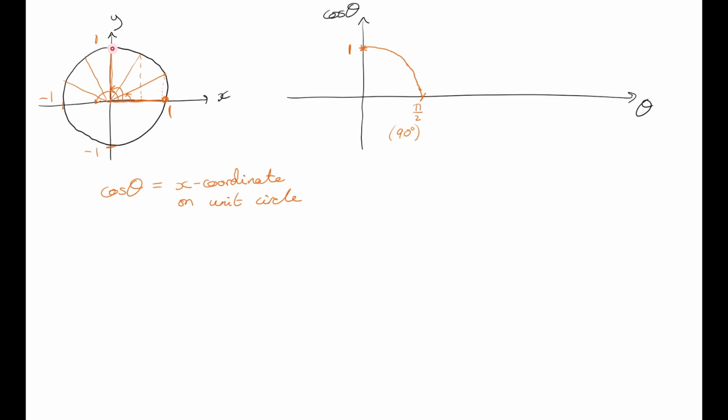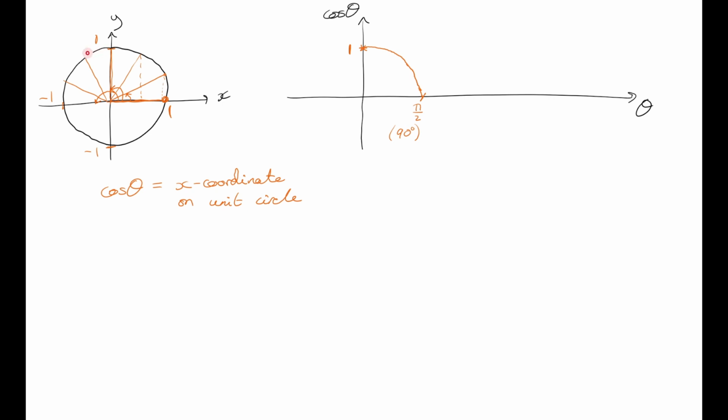So I'm just saying, as I move anti-clockwise, what's happening to the x coordinate? Well, in this part of the circle, we can see the x coordinate is negative. In the whole of this part, all along here, we've got a negative cos theta because we've got a negative x coordinate. And initially, we decrease or become very negative in the x coordinate quite quickly.